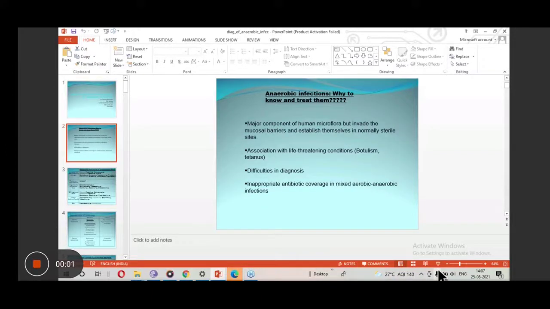Anaerobic infection. So we will be brief here.